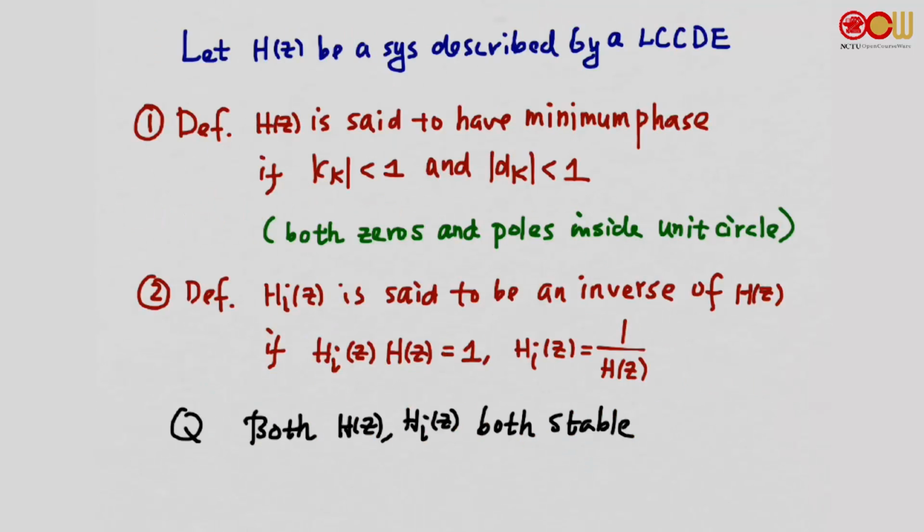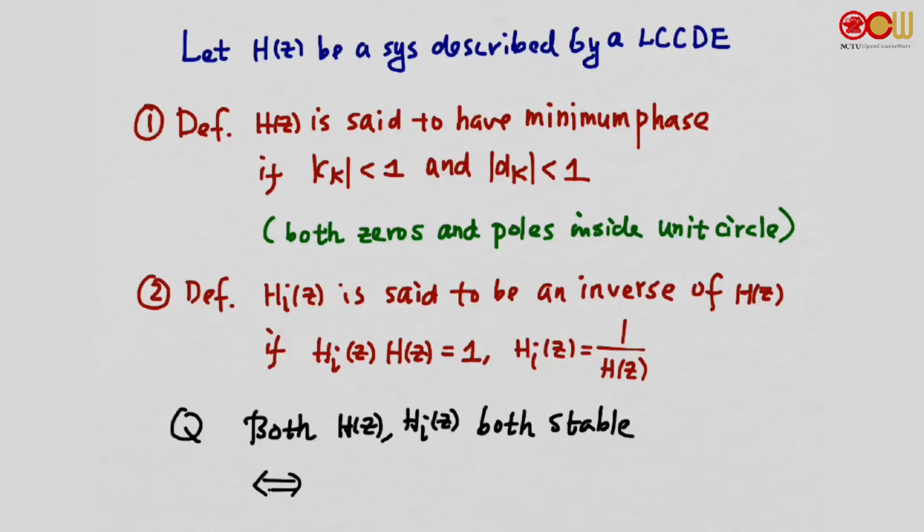Now let me ask a question. Suppose we know that both H(z) and Hi(z) are stable. What does this say about the poles and zeros of H? What's the condition? Well, Hi is the inverse of H. So when we take the inverse, the zeros of H will become the poles, whereas the poles will become the zeros.